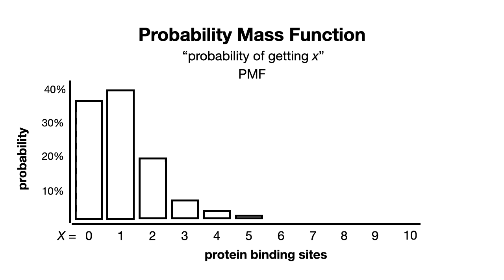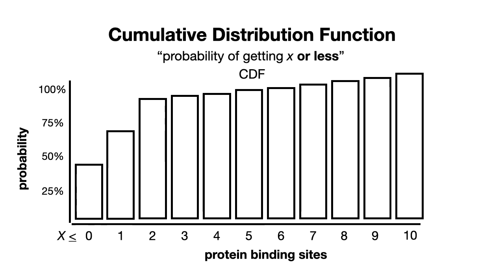All of the discrete distributions we've gone over so far have been in the form that answers the question, what is our probability of observing each value for our random variable? The probability mass function, or PMF, is your distribution of probability for the random variable equaling a value. The cumulative distribution function, or CDF, reflects the probability of obtaining X or less.